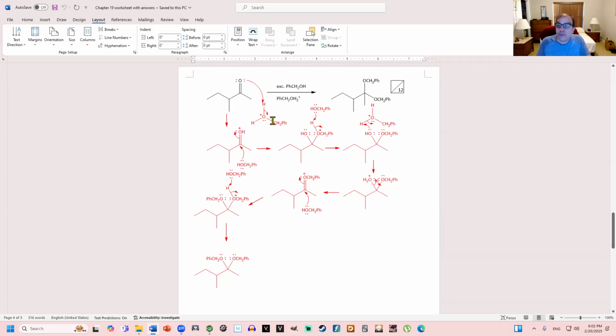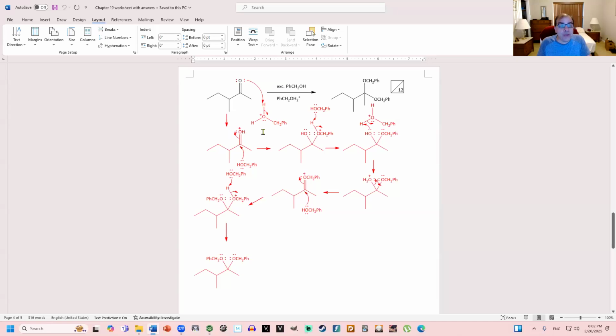So we lose effectively a neutral benzyl alcohol molecule. By the way, you'll notice that I also just added lone pairs to the structure I was given rather than redrawing it. You may do the same thing if you run into a first step like that. That's totally fine. Save you some time in drawing that structure out. So here we have our protonated species.